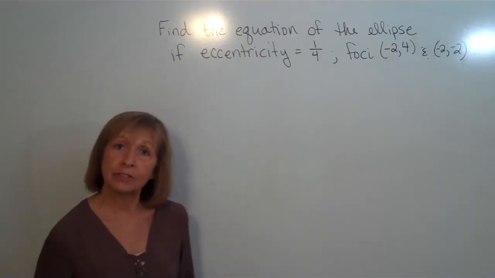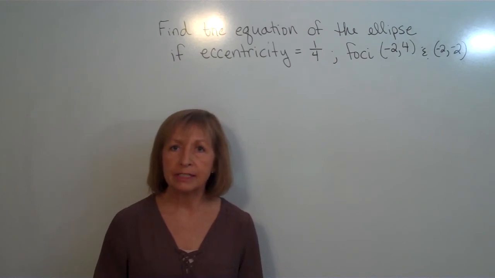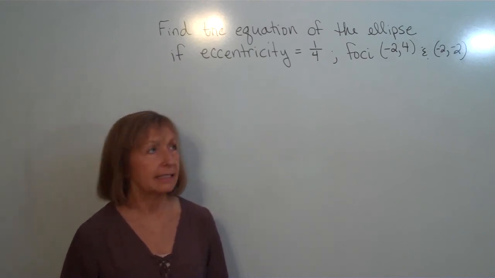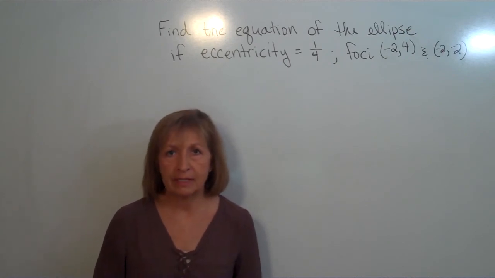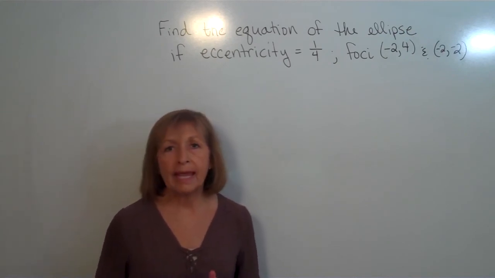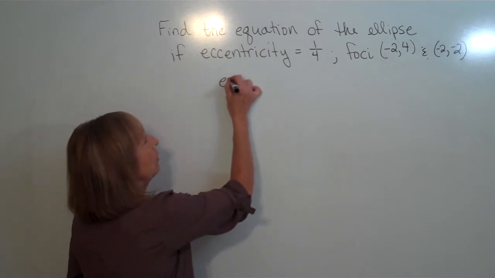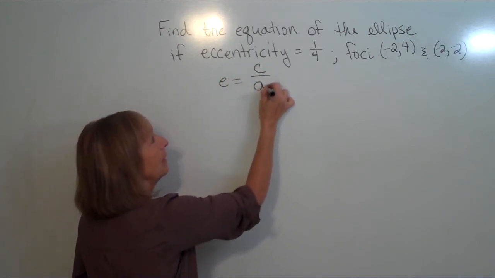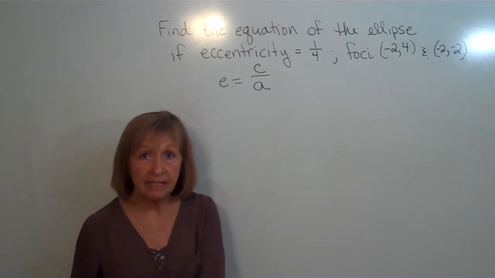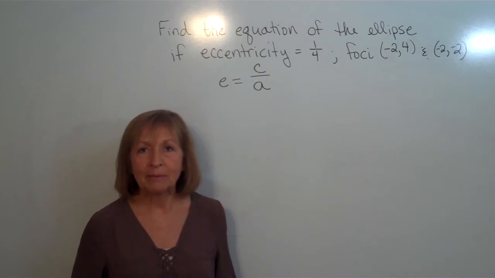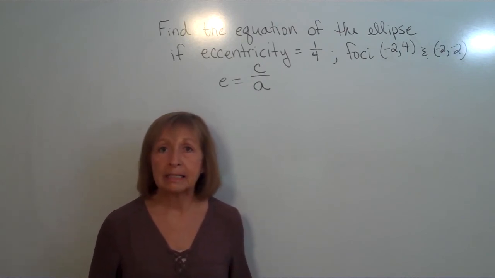They might give us either the 2 foci, or maybe in another situation they gave us the 2 vertices, and we are asked to find then the equation. Now, when you have the eccentricity, remember they got the fraction for the eccentricity of c over a. But as we saw in a previous example in this video, if there are common factors between the c and the a, those would be reported in simplified form.